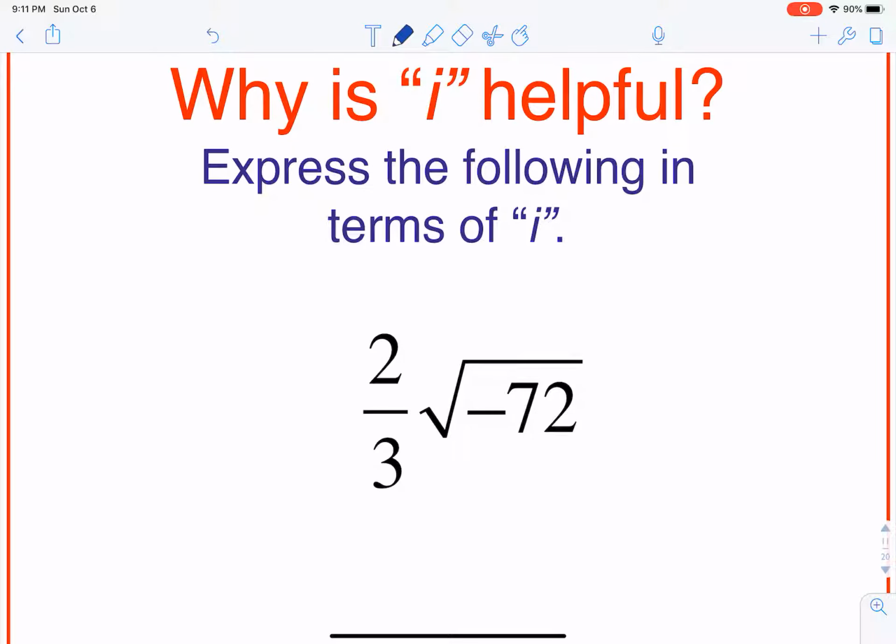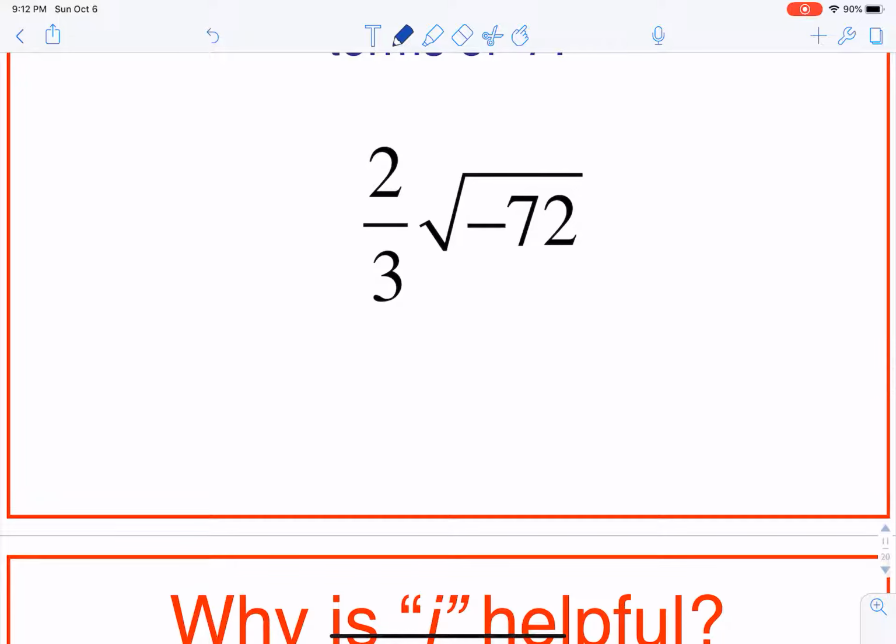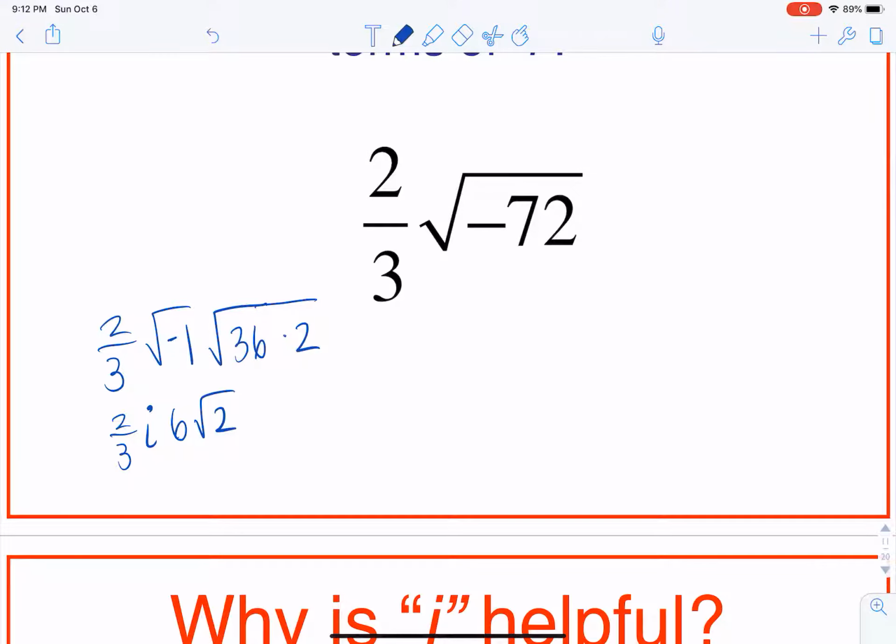Over here, 2/3 square root of negative 72. I know that this is really like 2/3 times the square root of negative 1 times, instead of 9 times 8, let's go with 36 times 2. So 2/3 i 6 times the square root of 2.